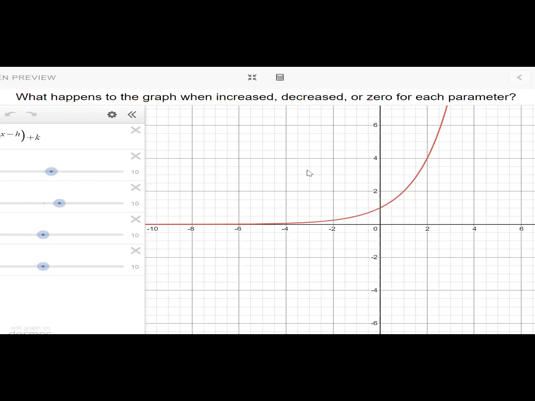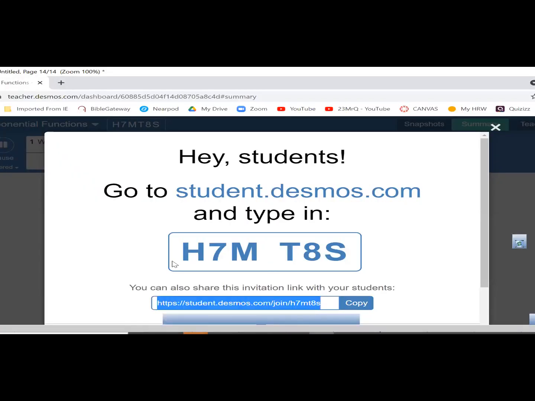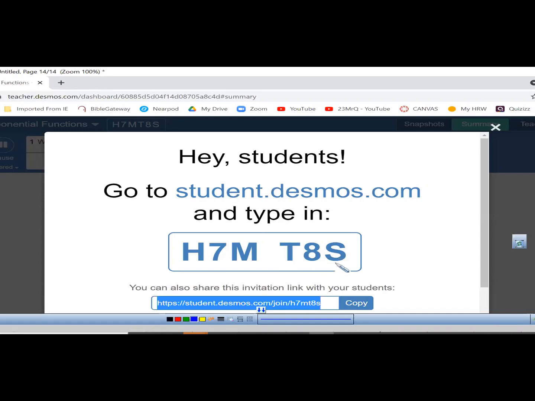Okay, you've got to use capital letters. Oh, for the code? Wait, Mr. Q, what's the code again? The code is H7MT8S. Make sure you write it down.